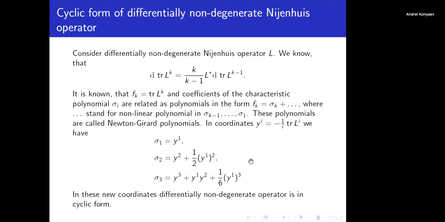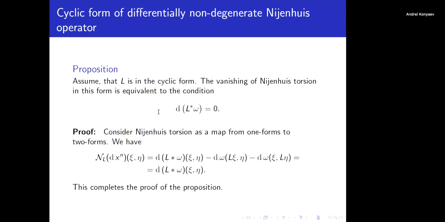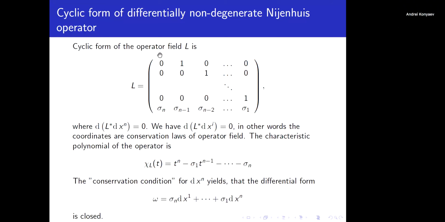They look like this. So in these new coordinates, our differentially non-degenerate operator is in cyclic form, in exactly this form. But in our regular form, we had this column.